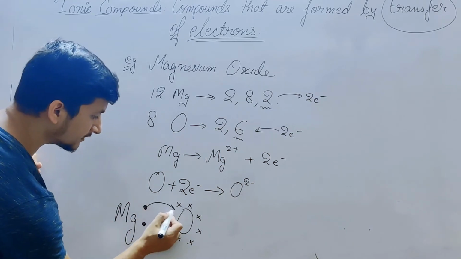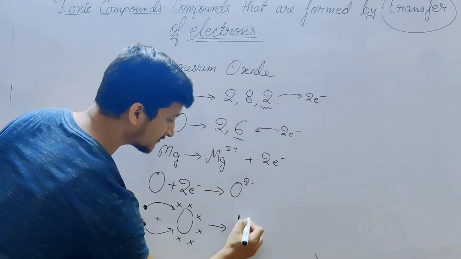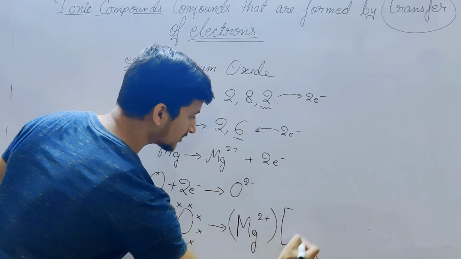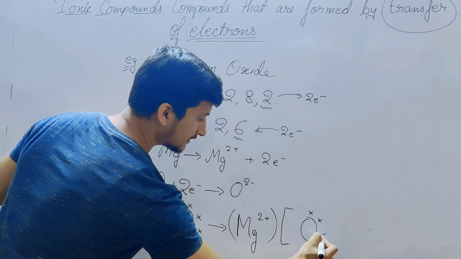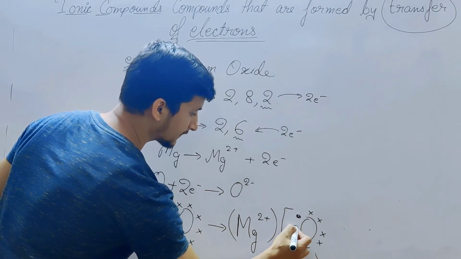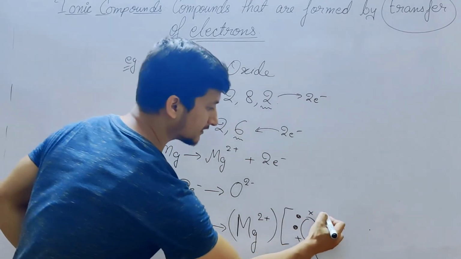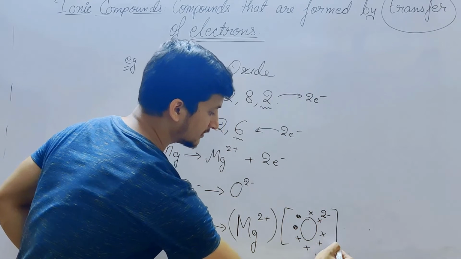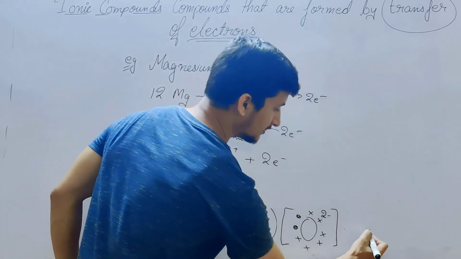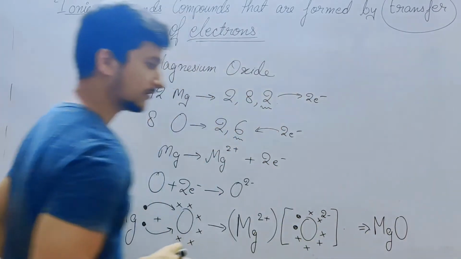So magnesium will donate its electrons to oxygen, and hence we get the magnesium 2 positive cation, and oxygen, which had 6 electrons of its own and gained 2 electrons from magnesium. So it has 2 extra electrons, so it gets a 2 negative charge. In this way, 1 magnesium and 1 oxygen combine, and magnesium oxide is formed.